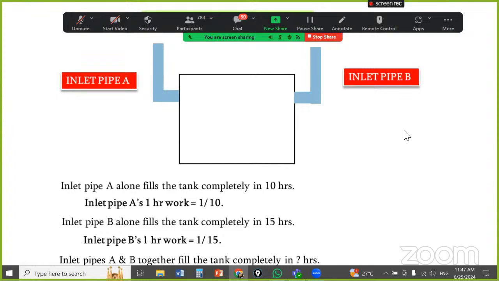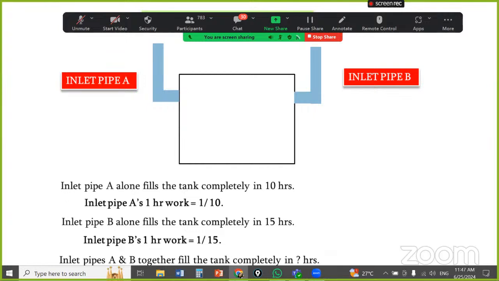So again, the same thing. Inlet, we have 2 pipes. Water is flowing into the tank through 2 pipes, pipe A and pipe B. So pipe A alone can fill the tank completely in 10 hours. So in 1 hour, how much tank it will fill? It will fill 1/10 of the tank. So we did 1 day work or 1 hour work.